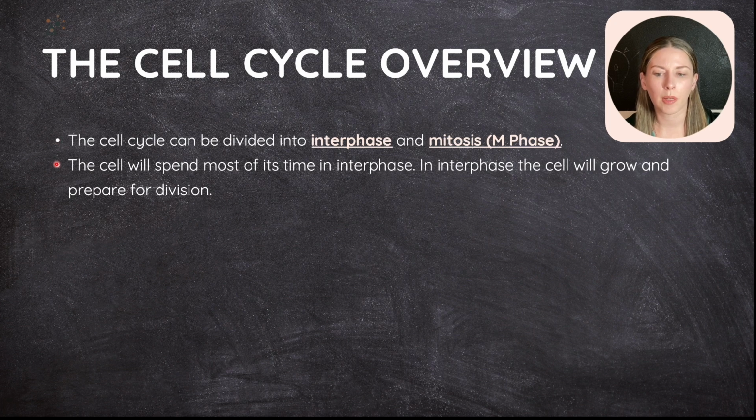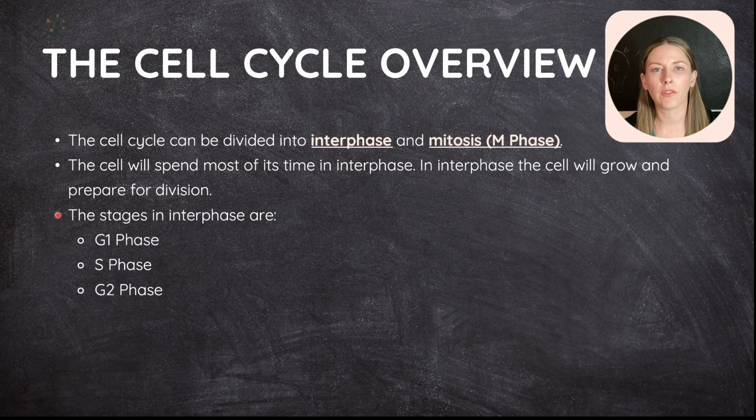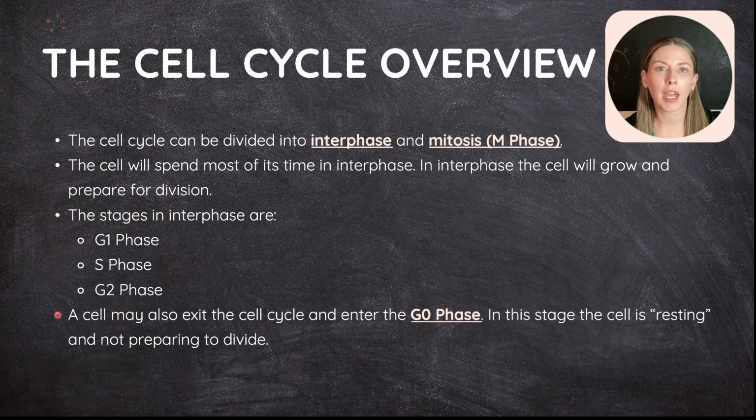As you saw from the diagram, the cell will spend most of its time in interphase, where it grows and prepares for division. Those stages of interphase I've listed below as G1, S, and G2. Sometimes a cell may exit the cell cycle entirely and enter the G0 phase, and that is where it's no longer actively preparing to divide.